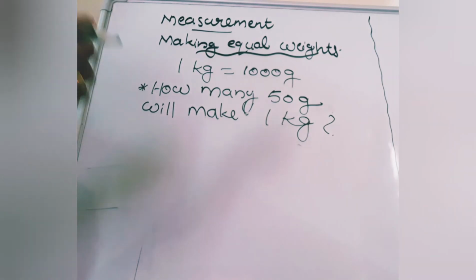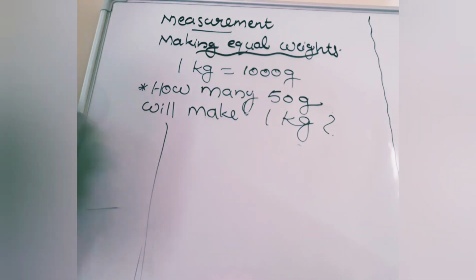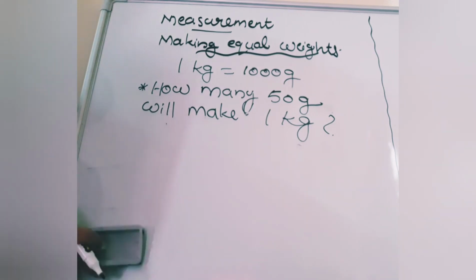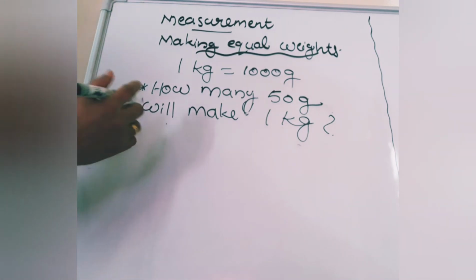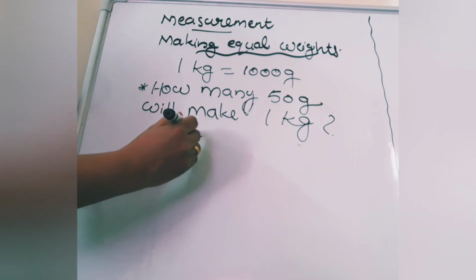How many 50 grams will make 1 kg? So that we have to start from here. Here I have put a line. I will start from here. First we will take 50, one time.